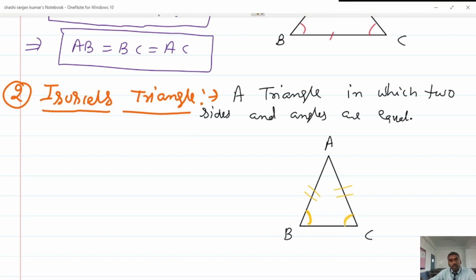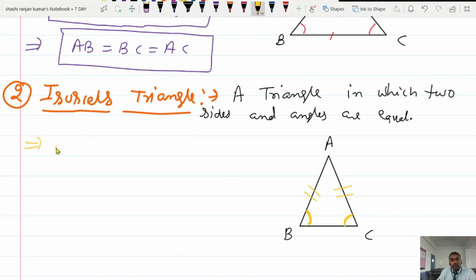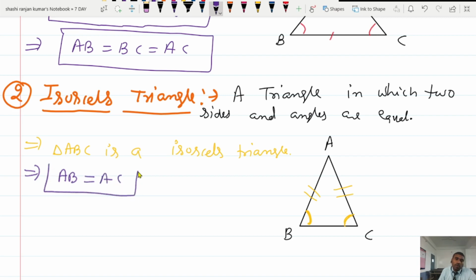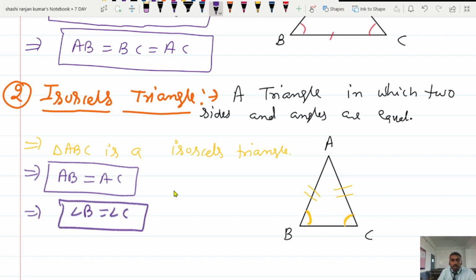So if we say triangle ABC is an isosceles triangle, then two sides AB is equal to AC, and two angles will also be the same automatically. So angle B is equal to angle C. Two sides and two angles are the same. This is known as the isosceles triangle.